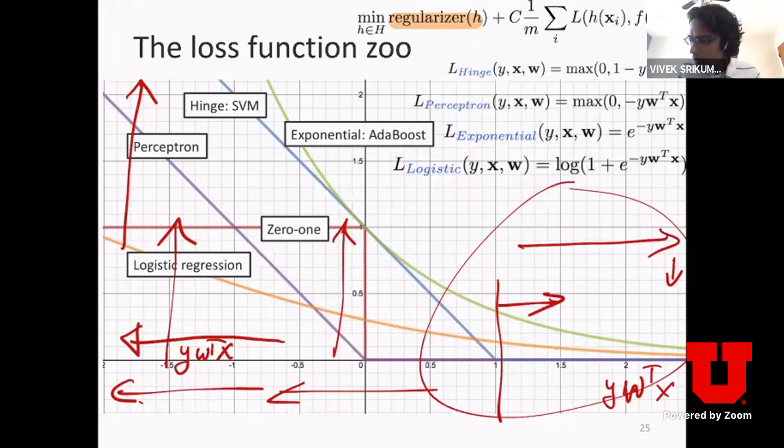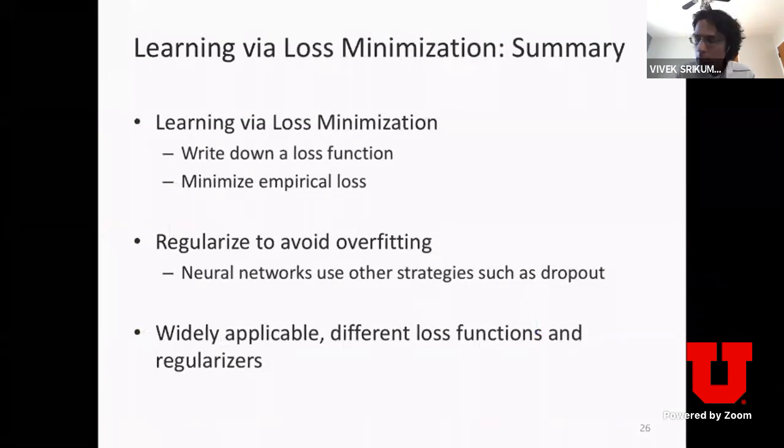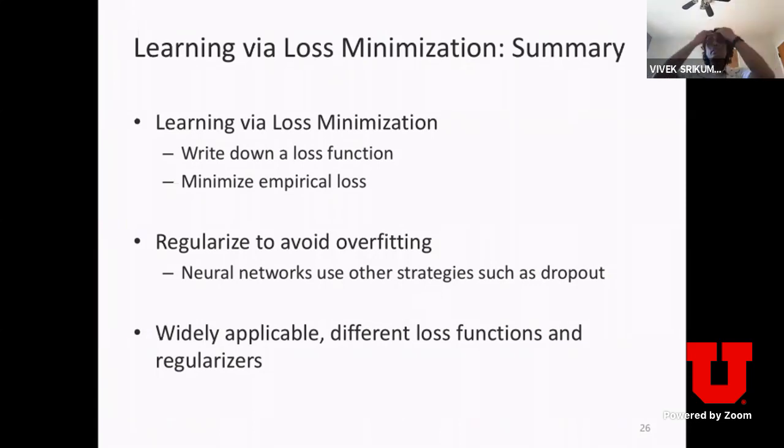While you're thinking of more questions, let me summarize what we've seen so far. I've introduced this agenda of learning by loss minimization. Essentially, we don't want to invent learning algorithms anymore from this perspective. Instead, we want to invent loss functions.